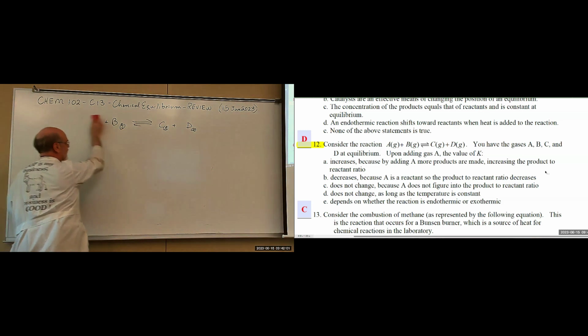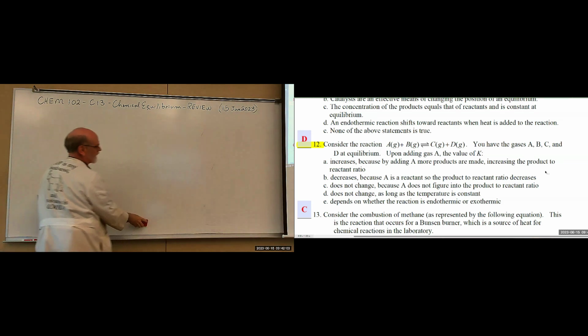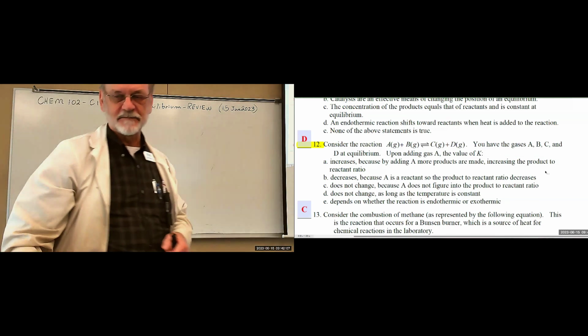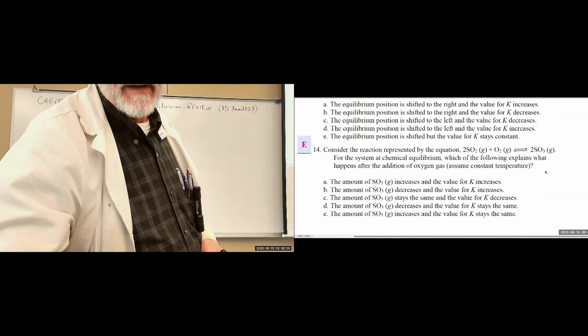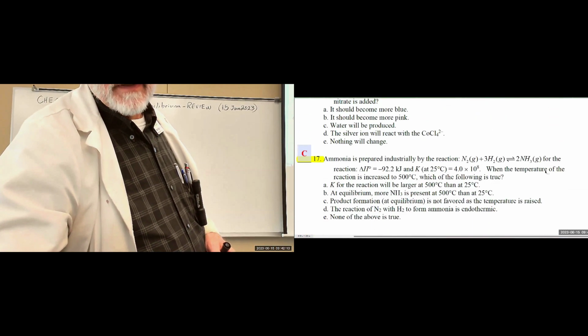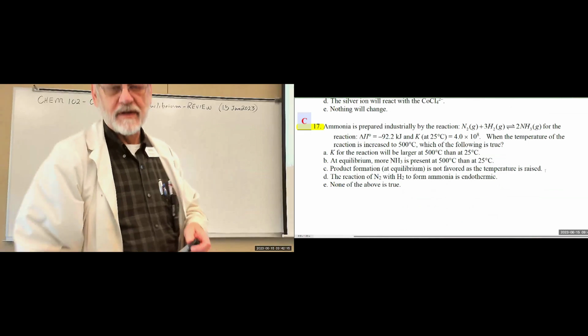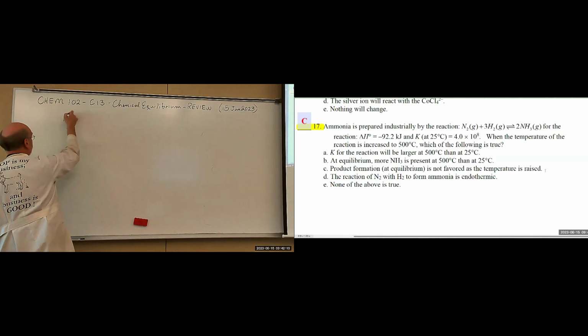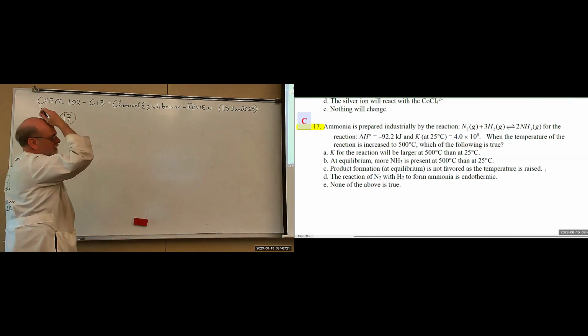K does not change unless you change the temperature. All right, we got some repetition there. Let's go down to this one. 17. Oh, we get to play with Haber now.